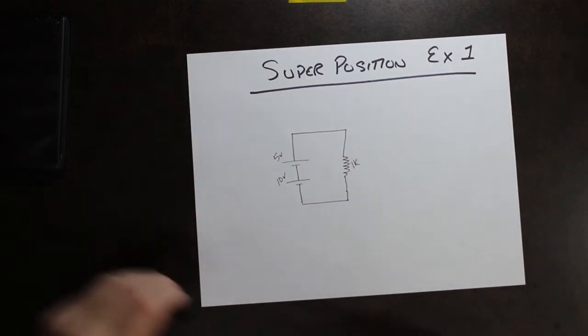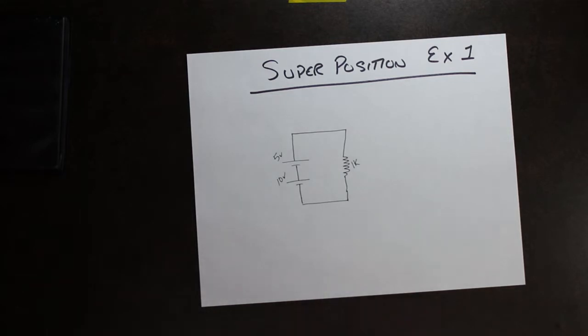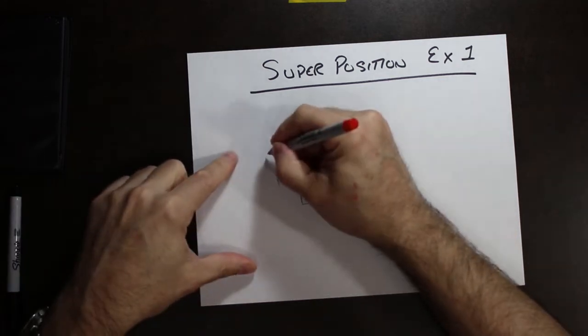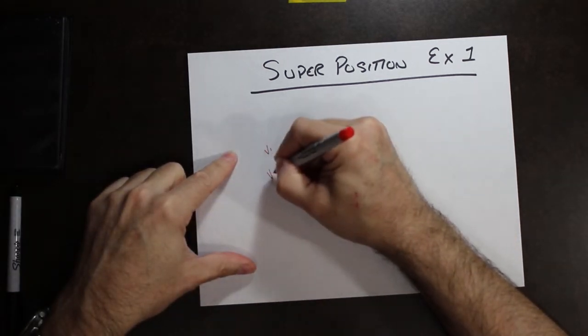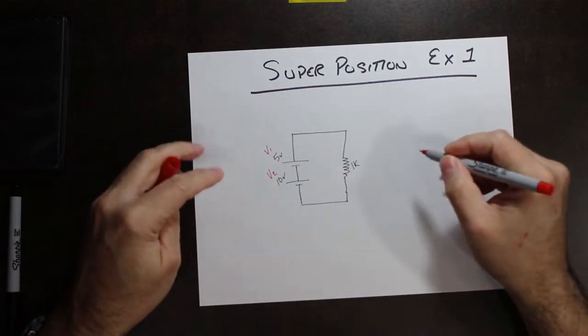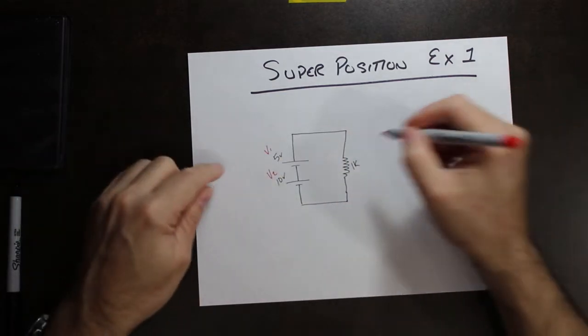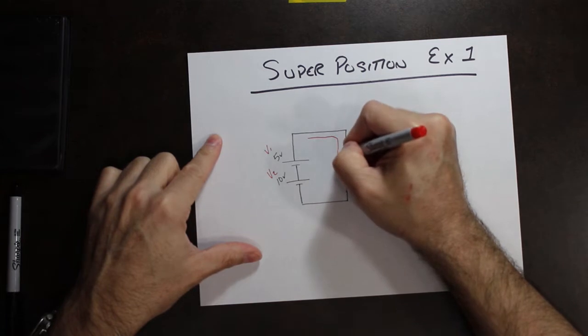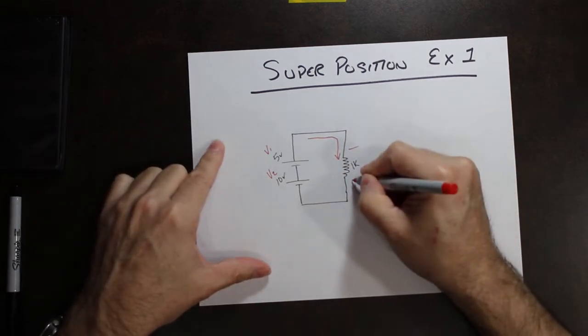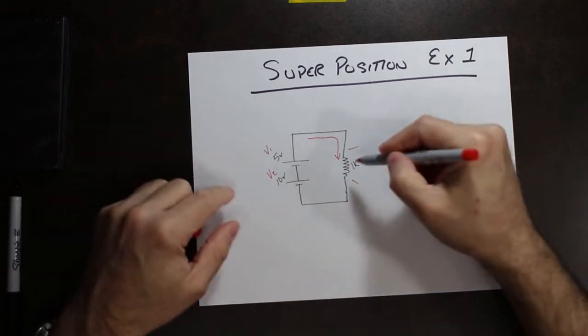Now we know that when you have two batteries sitting like this, they really just add up. So you have power supply 1, we'll call this V1, we'll call this V2. We add those up because they're sitting right beside each other. They produce a current and they have a voltage drop across a load.